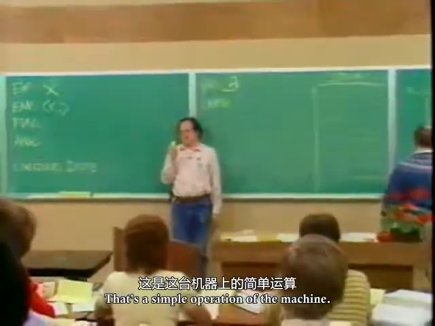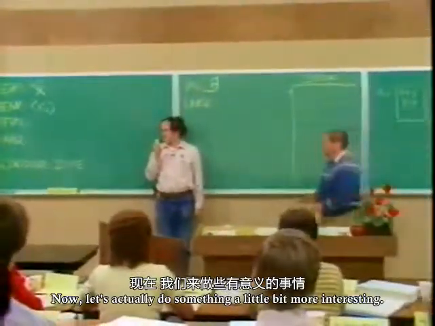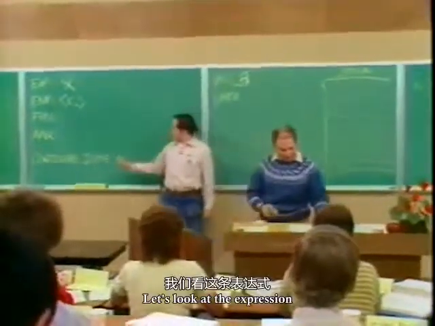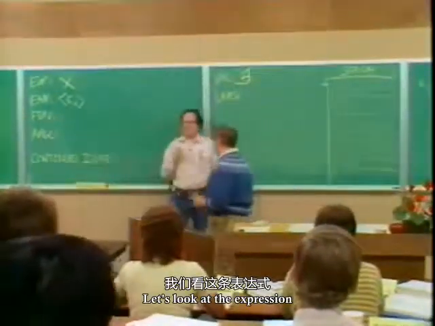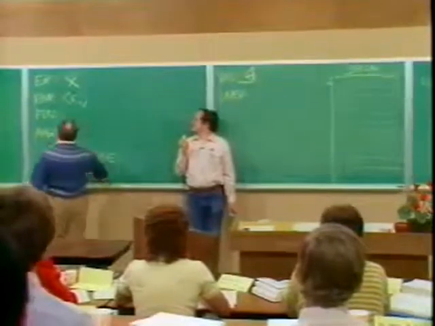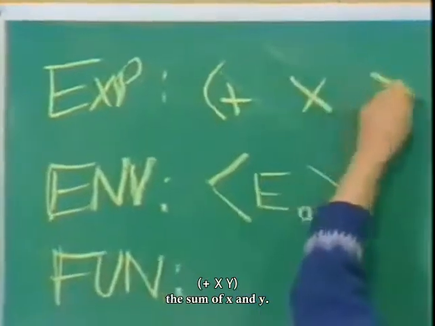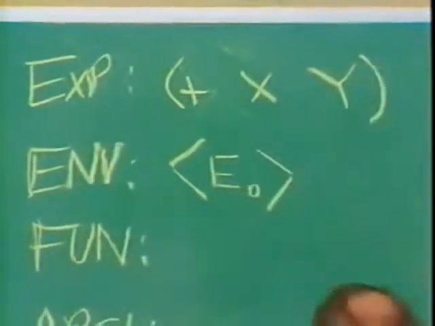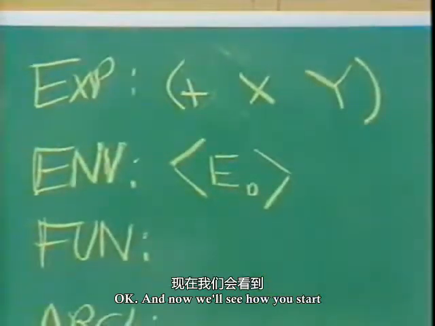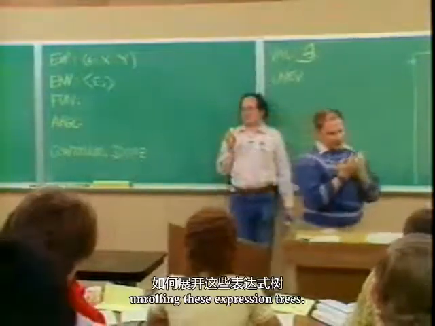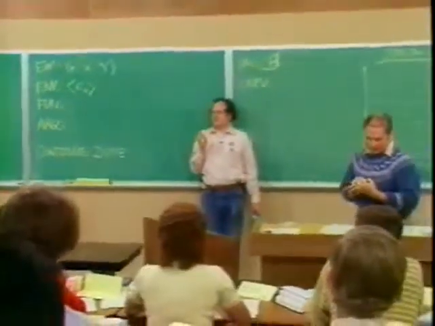Okay, all right, well, that's the basic idea. That's a simple operation of the machine. Now let's actually do something a little bit more interesting. Let's look at the expression, the sum of x and y. Okay, and now we'll see how you start unrolling these expression trees.